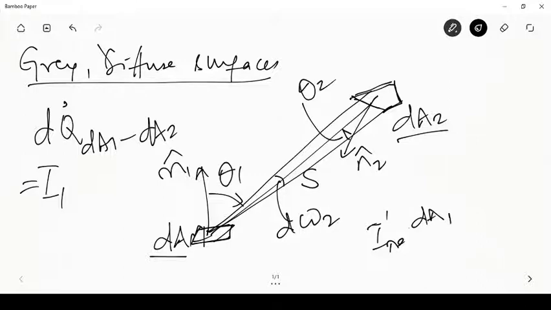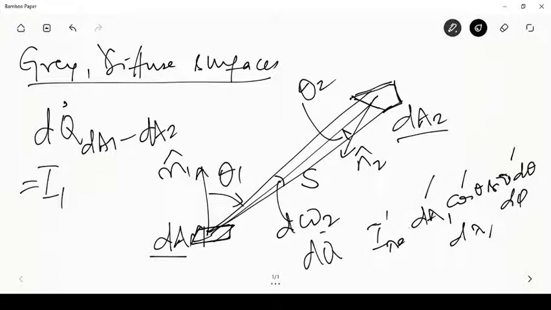This is the energy emitted over the area dA1, and you would also have cos theta, sin theta, d theta, d phi, and d lambda. This is basically what we used to have: dA1 cos theta, d omega, d lambda. This is the integral that you will need to get for dq dot.